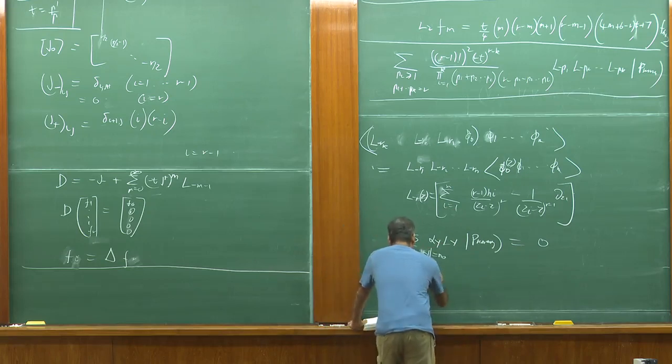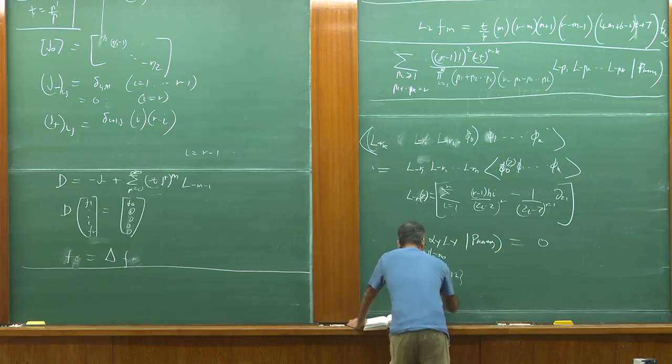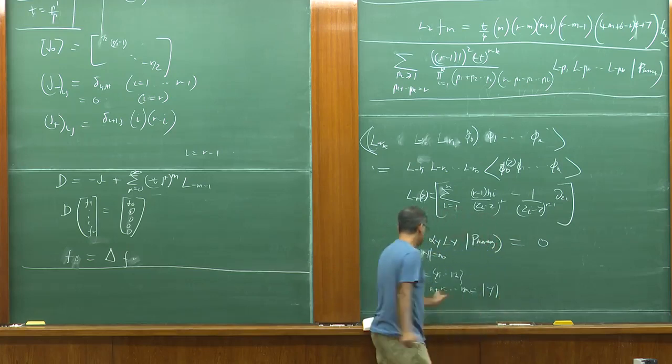Now what is this? Y is a tuple of numbers, equal to R1 to Rk, such that R1 plus R2 up to Rk is equal to mod y. So this is the total descendant level.